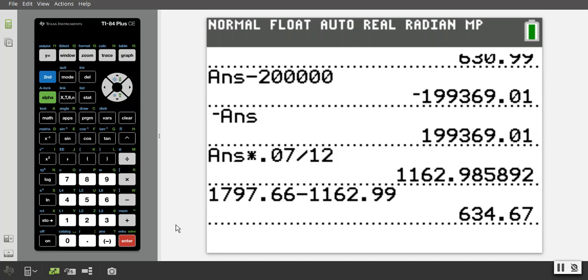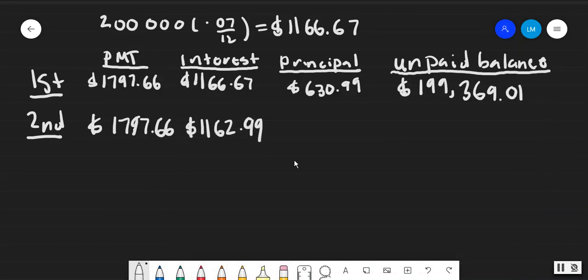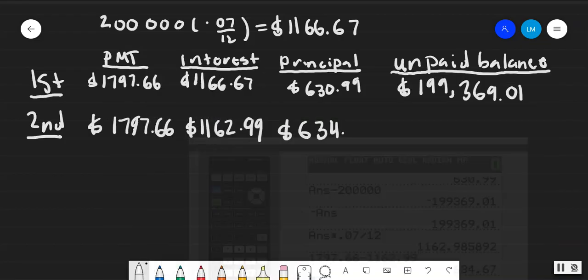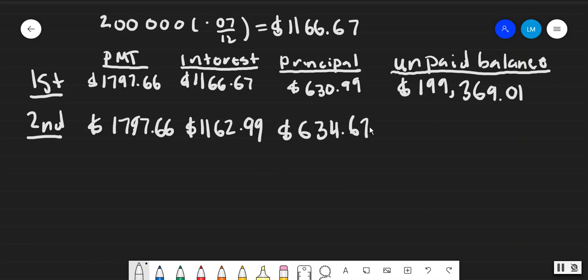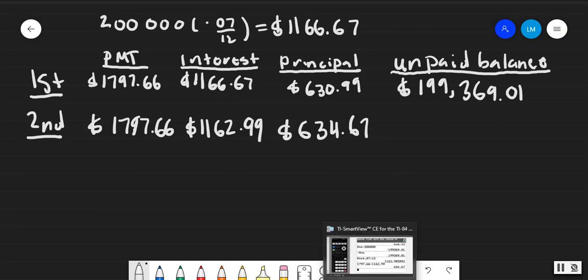Okay, so yeah, 634.67. Basically you just take the difference of these two, because that was the unpaid balance.